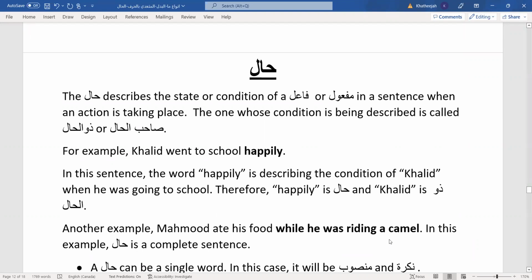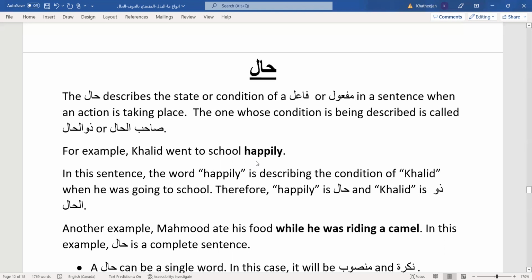So what I've written is the hal describes the state or condition of a fa'il or maf'ul in a sentence when the action is taking place. And then I went over this example I've written here. Khalid went to school happily. So the being happy is the condition of Khalid when he was going to school.